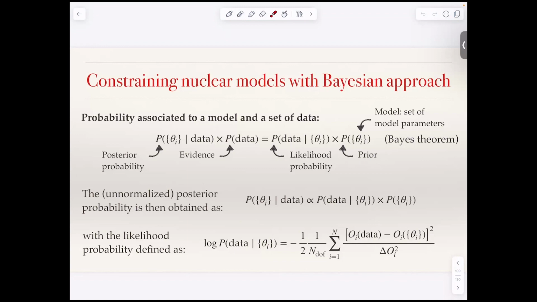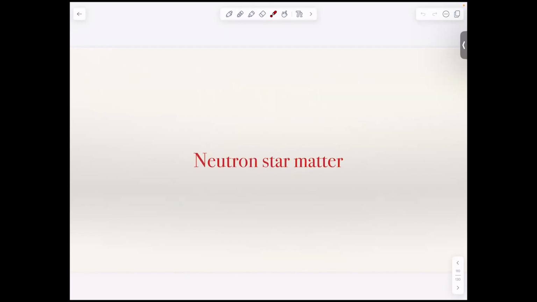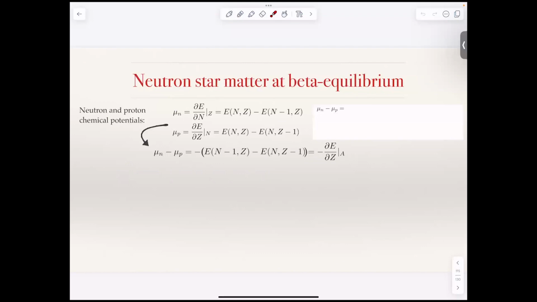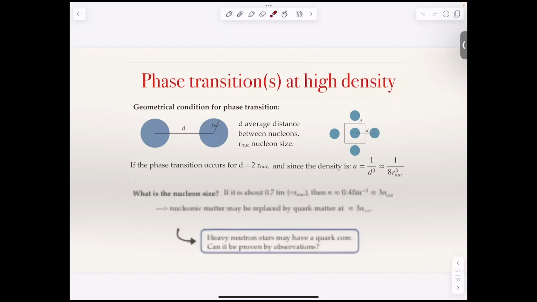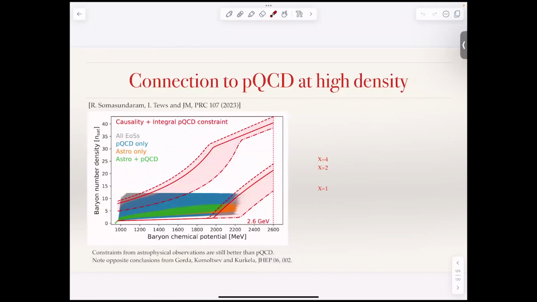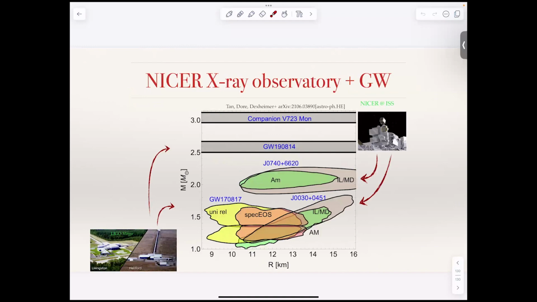Okay, so I think it's better. One last thing, which you will find in the slides that are online. The last point I would like to say as a conclusion of this lecture is again to show you the present knowledge and the present astrophysical data we have.